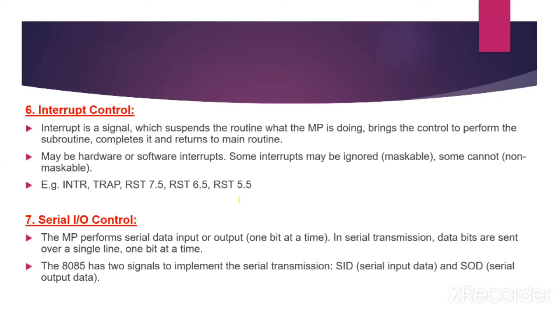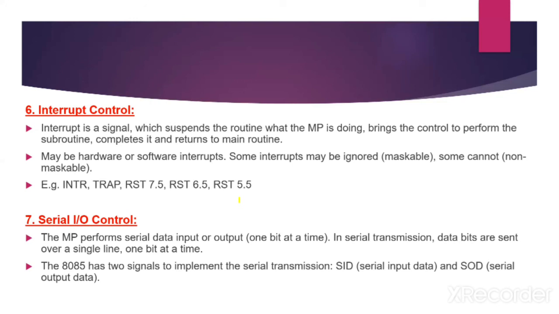8085 has 2 pins to implement serial transmission, SID and SOD. SID means serial input data and SOD is serial output data. These 2 pins are used for serial input output control.